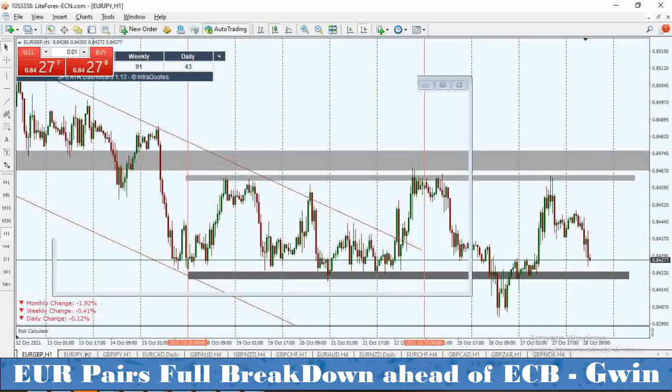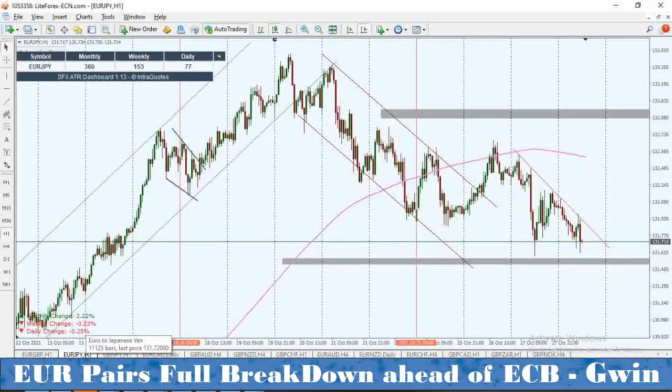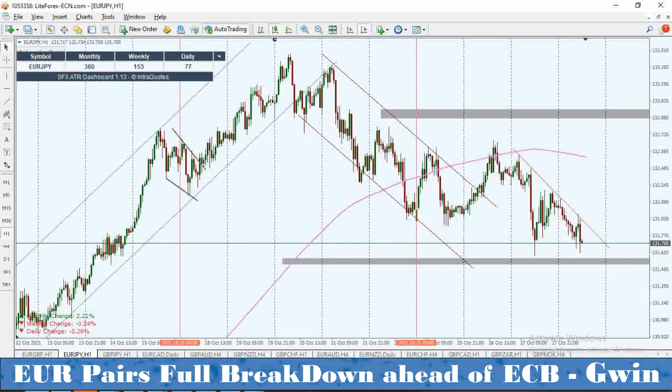Next, I want to be looking at the Euro JPY. This one, from the very start of the week, created what I would say could be a possible double top, or a possible peak so far on the week, because this was Monday structure, this was Tuesday structure, and this was also the high of Monday, Tuesday.